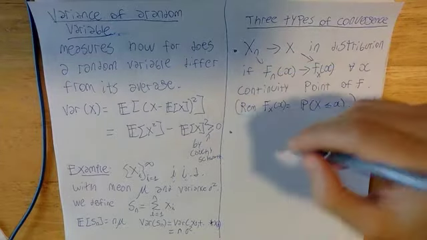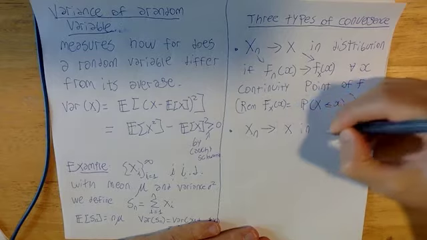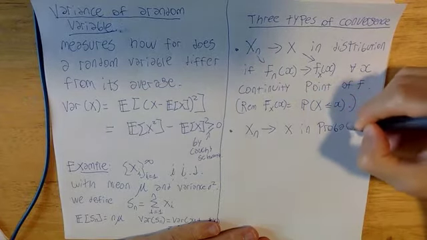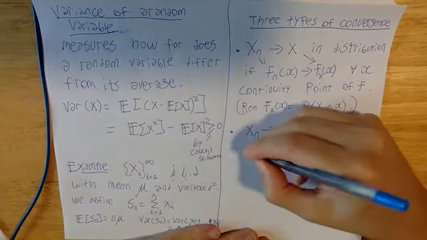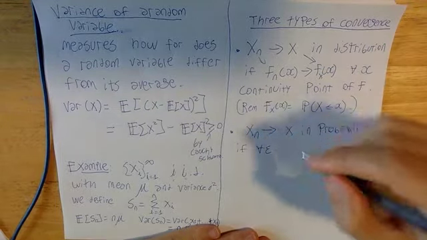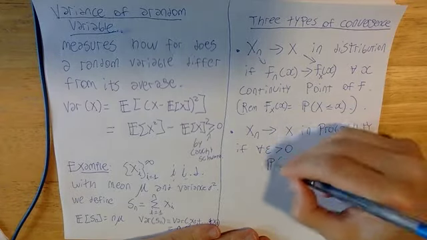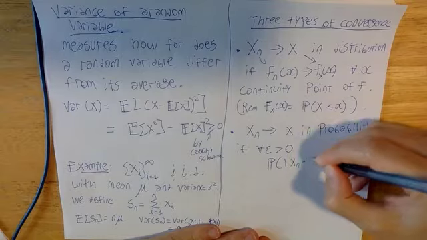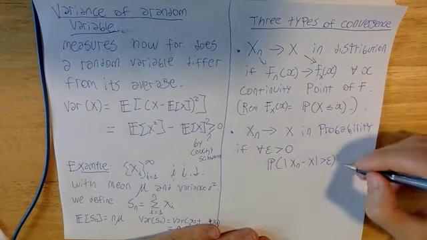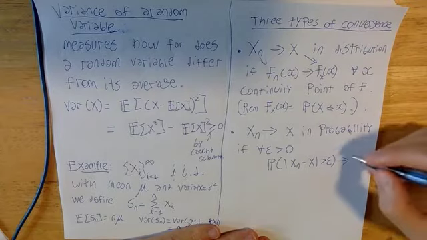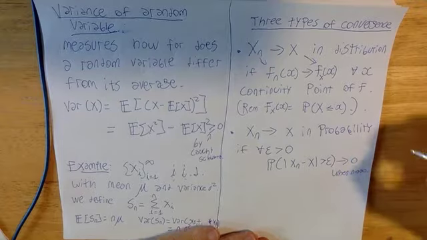Another type of convergence is that X_n converges to X in probability if for every epsilon bigger than 0, the probability that |X_n minus X| is bigger than epsilon goes to 0 when n goes to infinity.